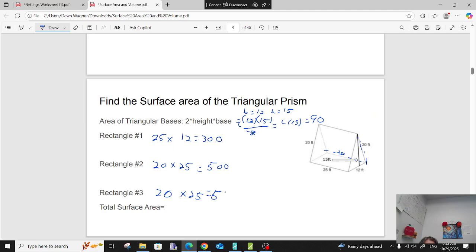What do I do with all of these answers? I have to add them all together, right? 90 plus 300 plus 500 plus 500. So that'd be 1,390. And what am I going to put for the units? Feet squared.